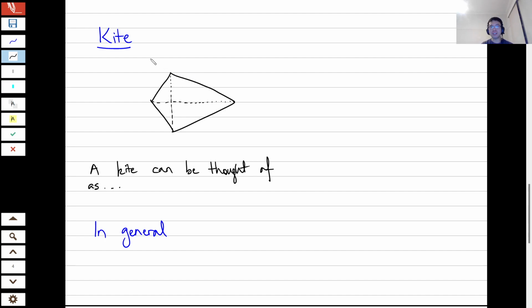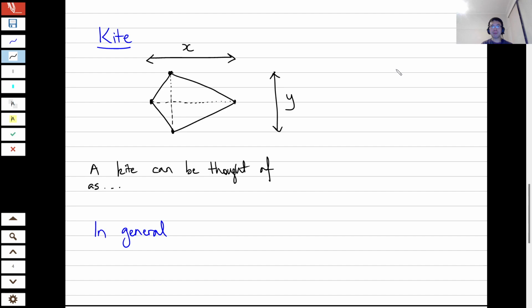Suppose I know that this length here, from one corner to the opposite corner, I don't know that there's a name for it, I'm just going to call it x, okay? And I know from the other corner to the opposite corner, the distance is y.